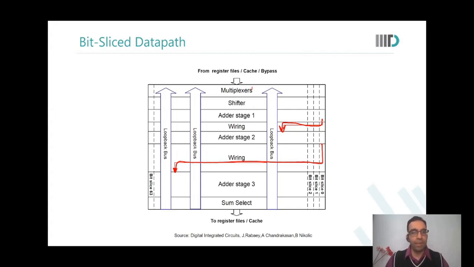Paging kind of thing. Paging, yes, could be. But there could be more than one input coming to the multiplexer, which then is converged into one, and then the entire shifter, adder stage 1, etc. goes on.